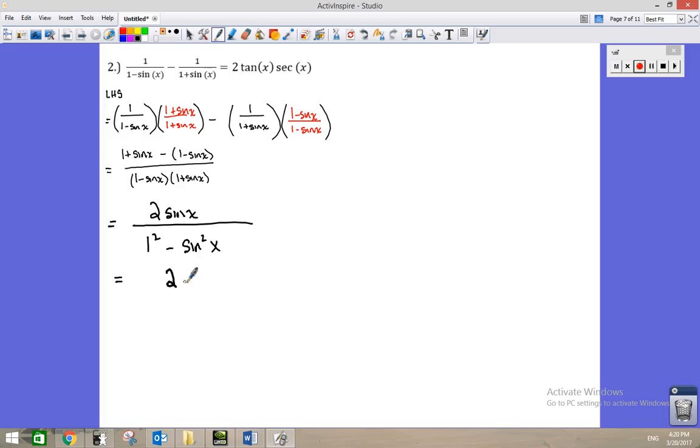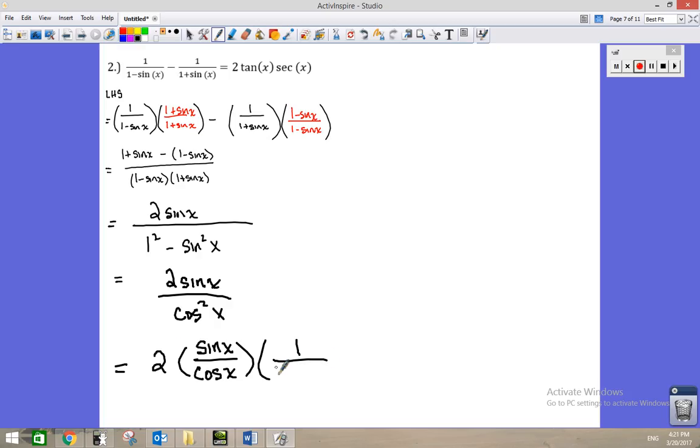So we've got a numerator of 2 times the sine of x, divided by cosine squared. Well, we can split this up. We can write this factor of 2 there, multiply that times the sine of x over a single factor of cosine, and put a 1 over cosine x, because if you multiply all these numerators together, you get 2 sine of x, and multiply these denominators, you get cosine squared.